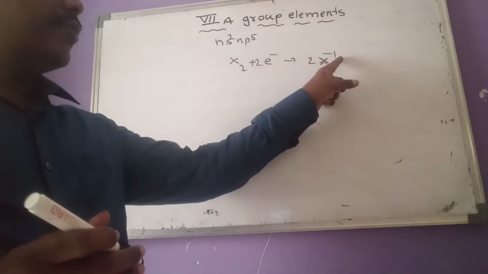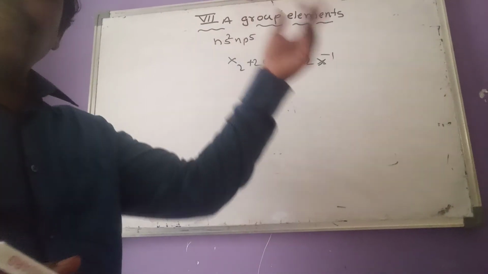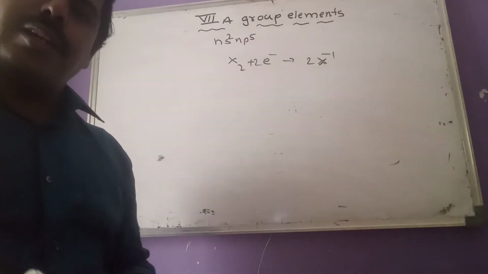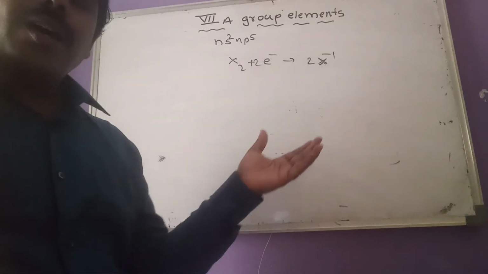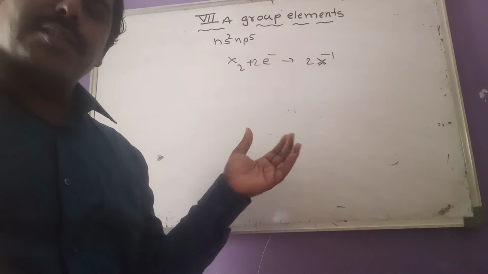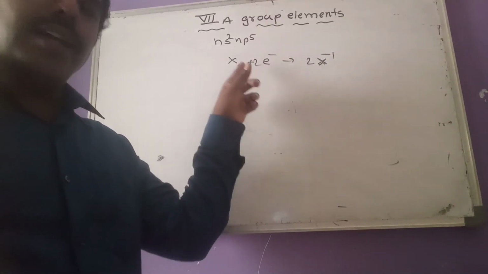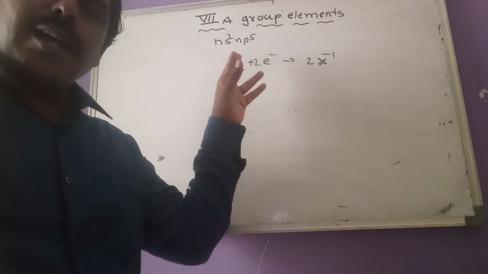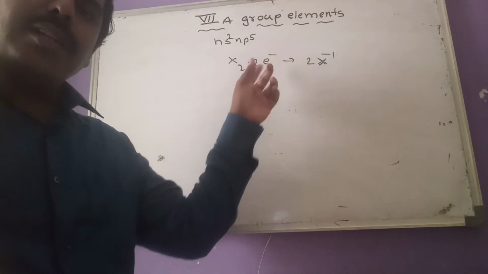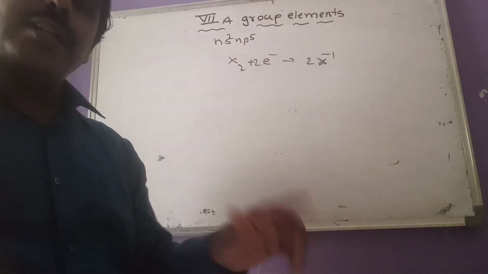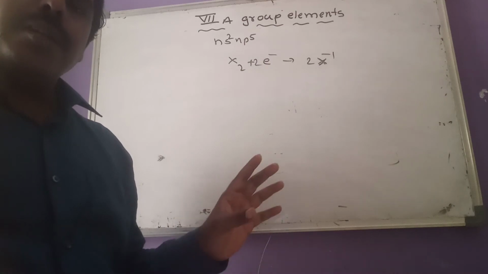By gaining one electron, they get the inert gas configuration. So all these halogens try to gain electrons and themselves undergo reduction. They are undergoing reduction, which means they act as oxidizing agents.